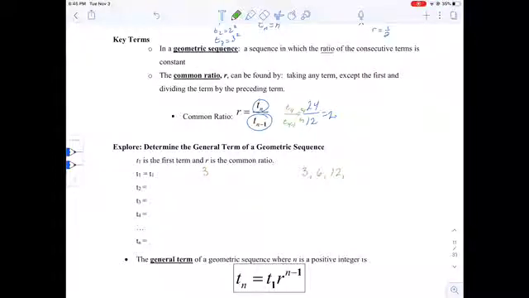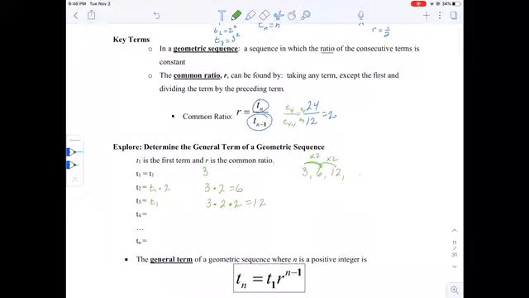Our term 2 would be our first term, T1, times 2. So to go from term 1, which is 3, to get 6, we take 3 and times by 2, which gives us our second term. Term 3, I'm going to take 3 times by 2 times by 2 again, to get 12.